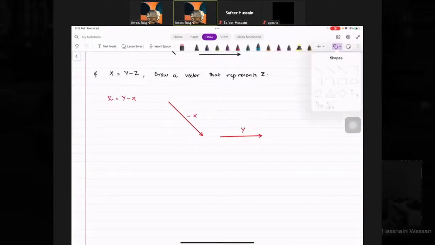You make one vector, minus x, and then you make the other vector, y, connected to the head of the previous one. This means that z, which is the resultant of these two, will be from here till here, and that would be z.